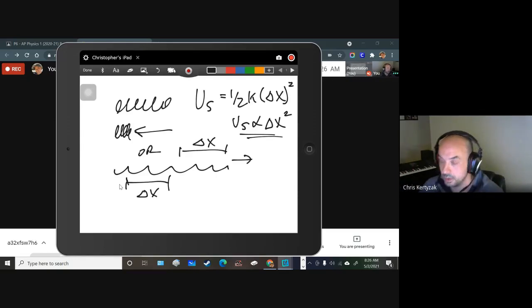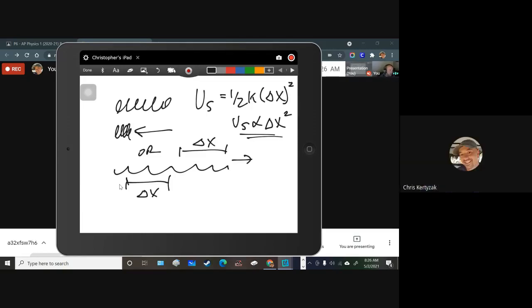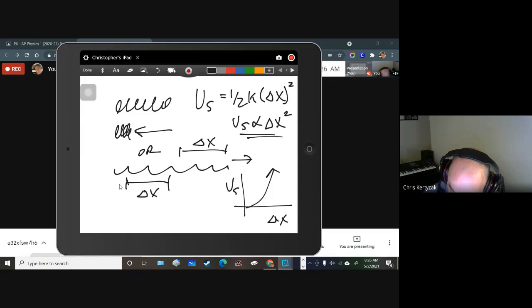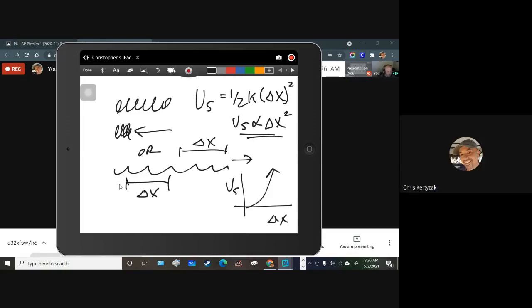Or if you stretch it and then stretch it twice as far, you now again store 2 squared, 4 times as much energy. Or if you did it 3 times further in either direction, 3 squared, 9 times as much energy stored, which is why, again, a graph would have to look curved because of that quick increase in potential energy for each little distance you compress or stretch.